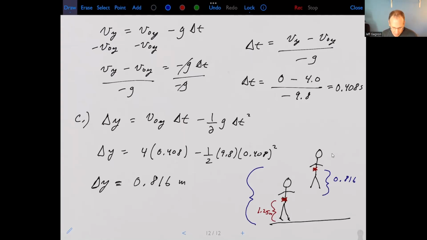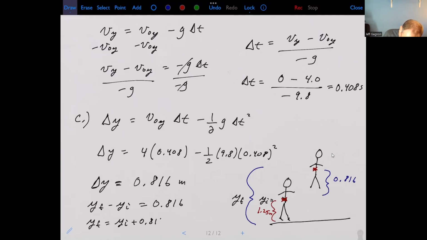Does that make sense? Another way to think about this is, remember, the change in y is y final minus y initial, which is equal to 0.816. You could say his y initial is that 1.25, and the y final is going to be the total height from the ground. So if you rearrange this, y final is equal to y initial plus delta y.